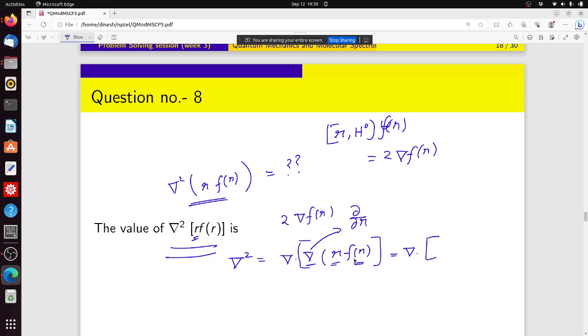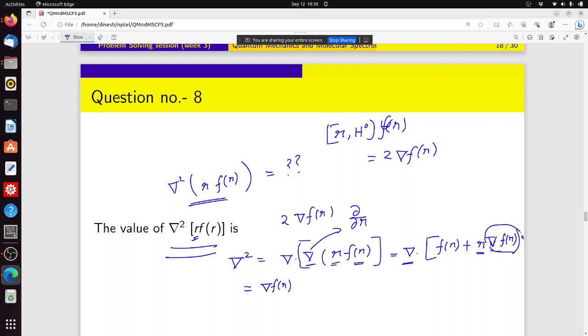If I apply the chain rule, this will give me f of r plus r del f of r, right? Now I have to operate this one. This will give me del f of r in the first term. In the second term I have two functions, r and del f of r.